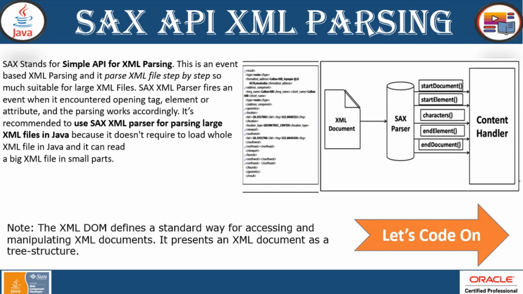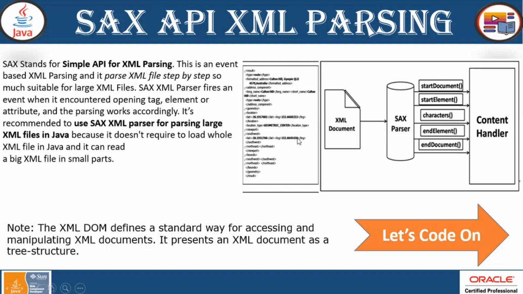The parser fires an event when it encounters an opening tag, element or attribute, and the parsing works accordingly. It's recommended to use SAX XML parsing for large XML files in Java because it does not require loading the whole XML file and it can read a big XML file in small parts.